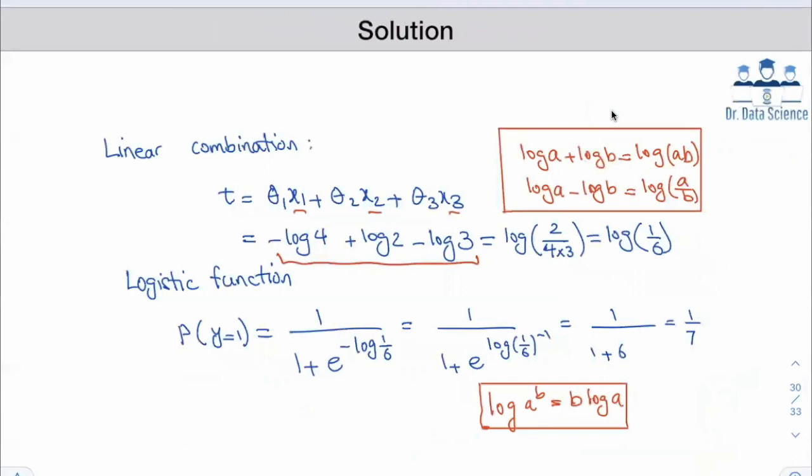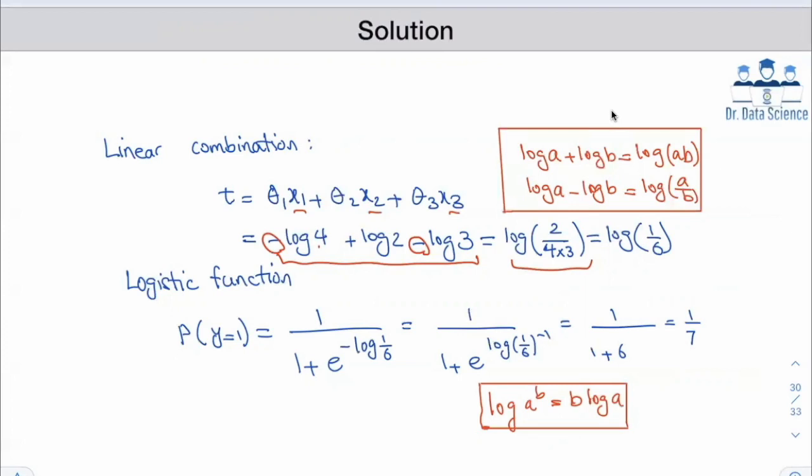Remember two important properties of the logarithm function: log of a plus log of b is equal to log of a times b, and log of a minus log of b is log of a over b. These are properties you have seen in calculus. Given these, we can write this as 2 divided by 4 times 3, because the ones with a negative sign go in the denominator. This gives you log of 1 over 6.